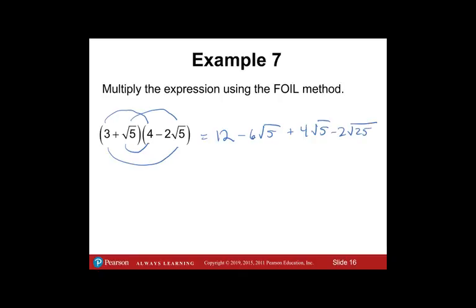So the 12 just comes down. We got negative 6 root 5 plus 4 root 5, which is negative 2 root 5. The square root of 25 is 5, times 2 is going to be negative 10. 12 minus 10 is going to be 2. So this is going to be 2 minus 2 root 5. I think that's as far as we can go there.